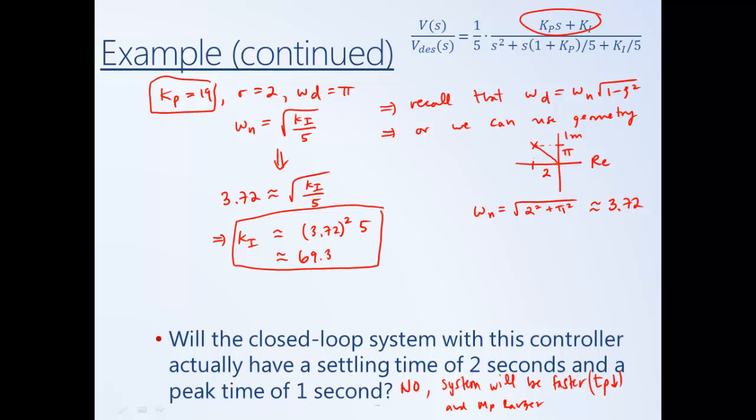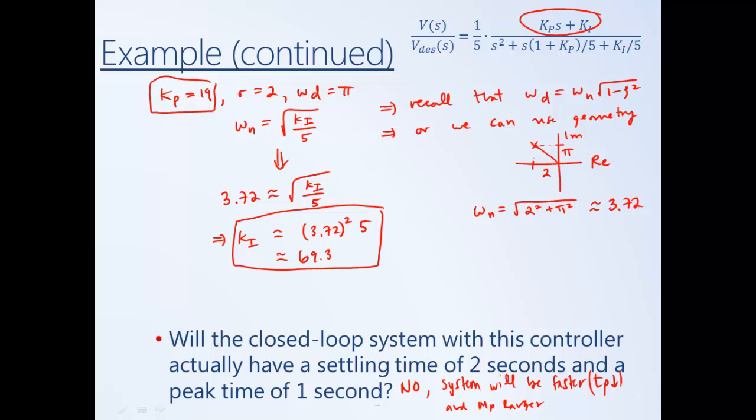So we can, with a decent amount of confidence, predict that the peak time will be less than 1 second. What the settling time is, that's a little harder to predict, because the system will be faster, but it'll overshoot more, it'll oscillate more, and so these tend to work in opposite directions in terms of their effect on settling time.